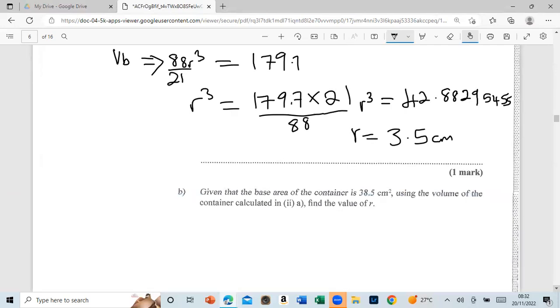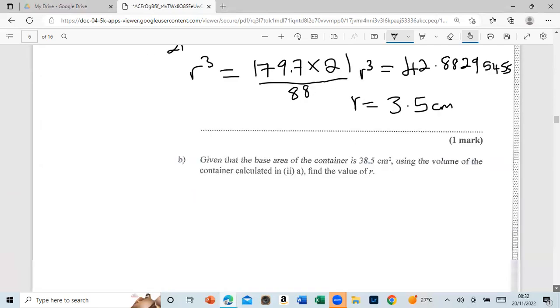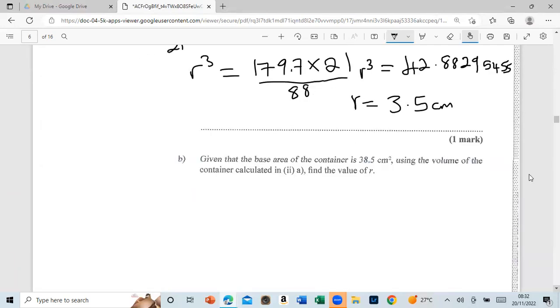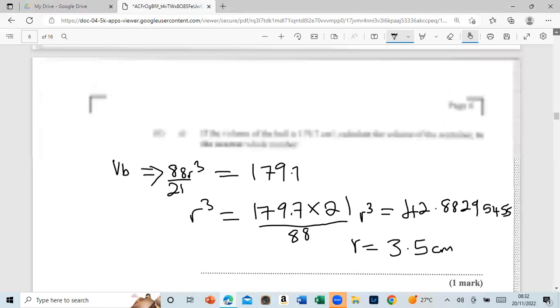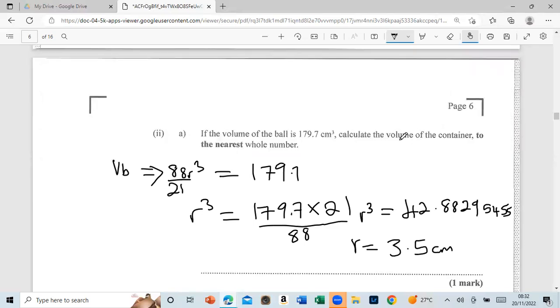Alright. So it says, given that the base of the container is, this will find the volume of the cylinder. Yeah. So why is this only worth 1 mark?